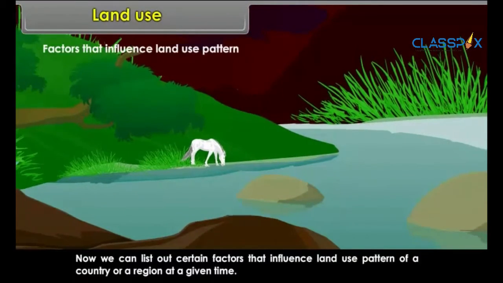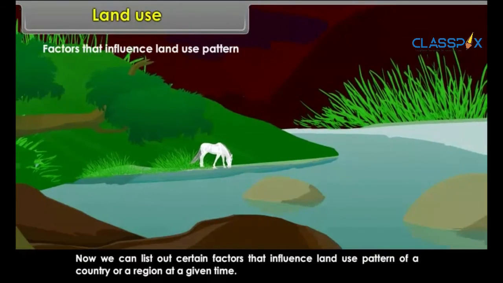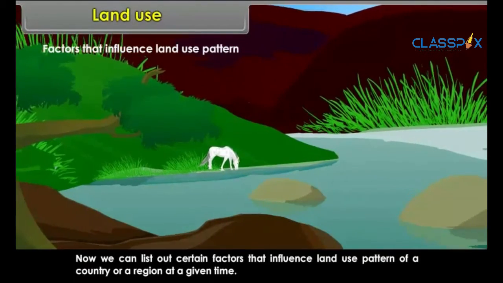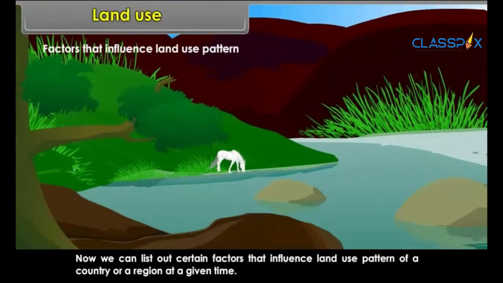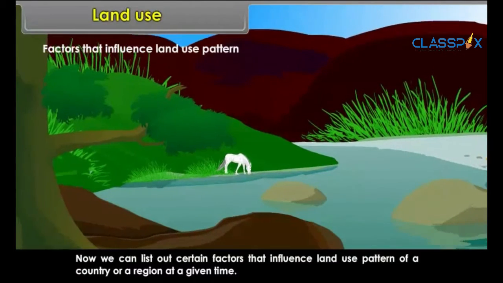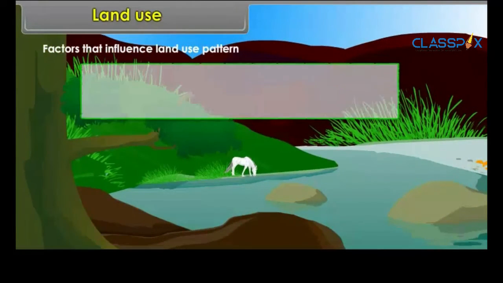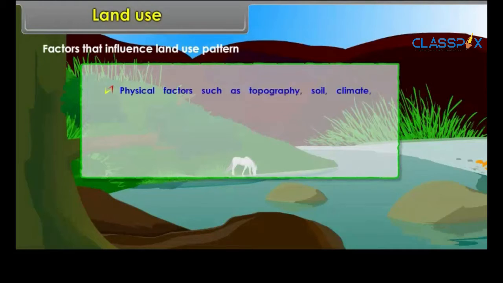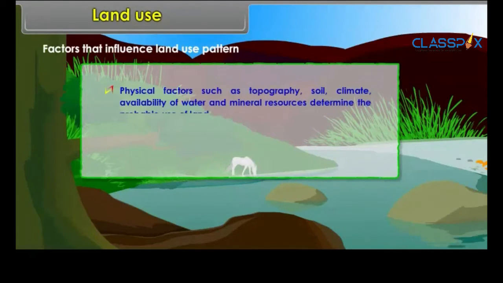Now, we can list out certain factors that influence land use pattern of a country or a region at a given time. Physical factors such as topography, soil, climate, availability of water and mineral resources determine the probable use of land.